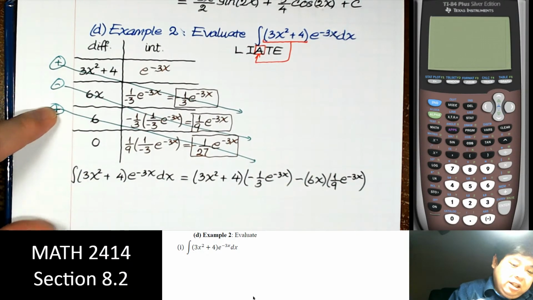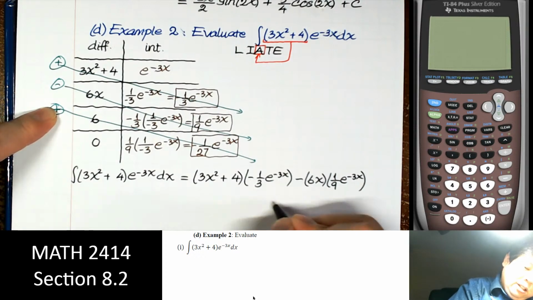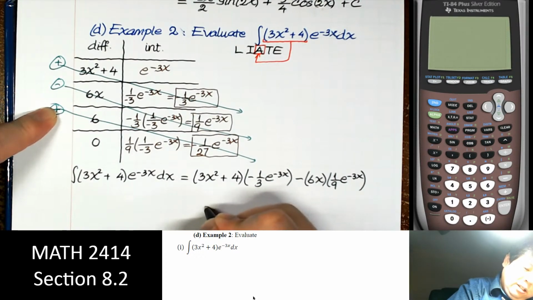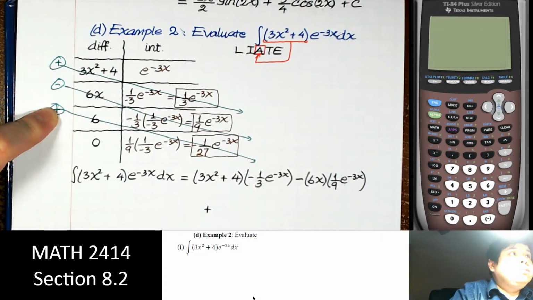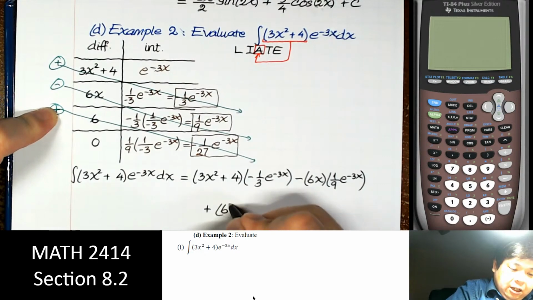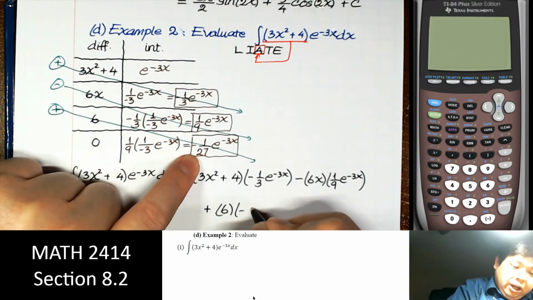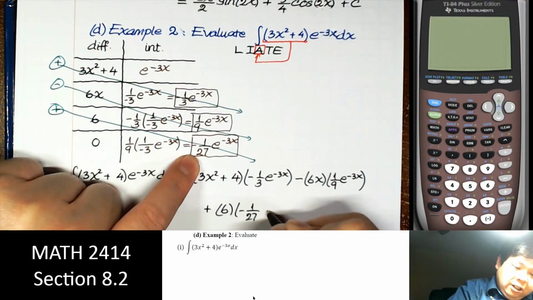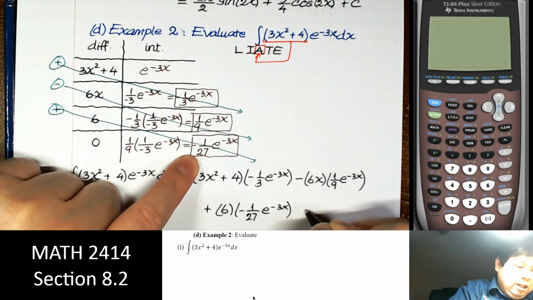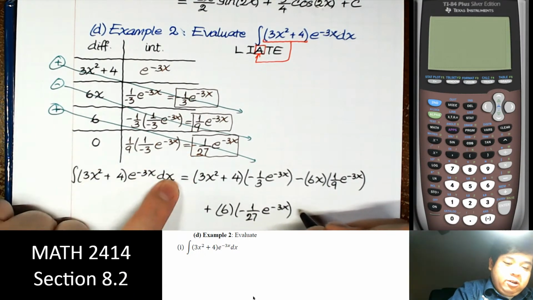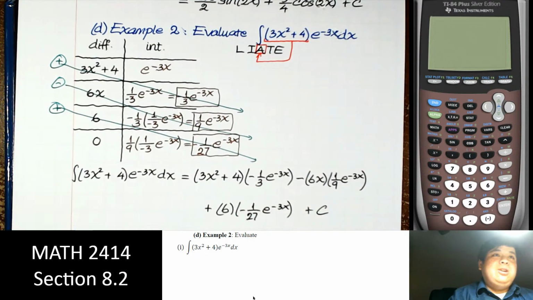And then next is the plus 6 times negative 1 over 27 e to the negative 3x. And the next one could be 0. So that's what we have.